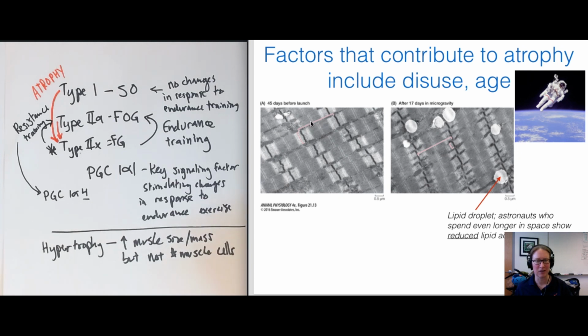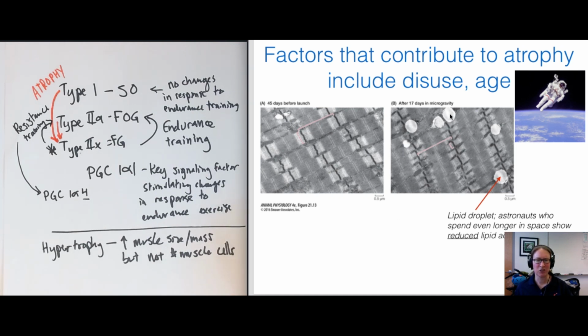So you can see sarcomere length on the left-hand side and also on the right-hand side. But along with length, notice differences in the width of these sarcomeres. It's much wider before launch. After spending 17 days in microgravity, sarcomeres are much, much narrower, indicative of atrophy.